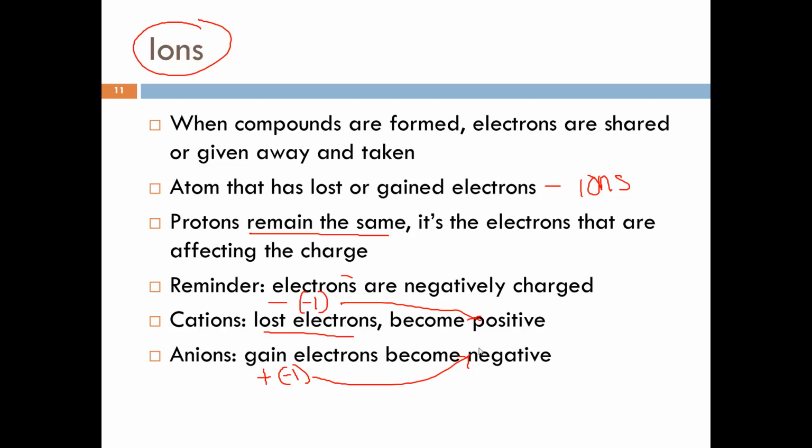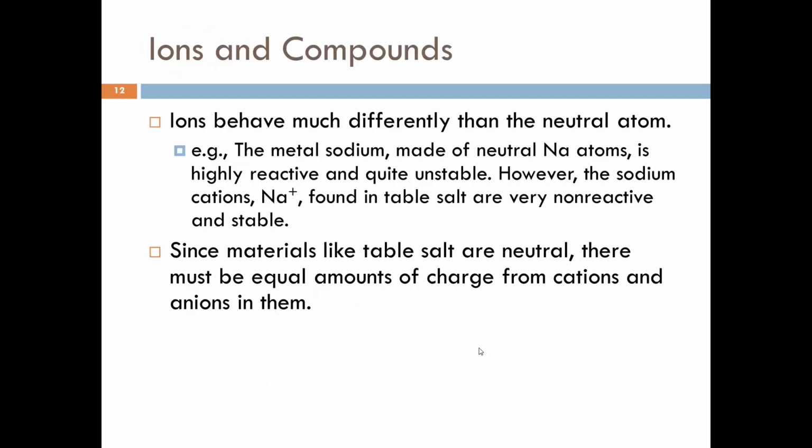Cations and anions. Ions behave much differently than a neutral atom. For example, the metal sodium, made of neutral sodium atoms, is highly reactive and quite unstable. However, the sodium cations, Na+, found in table salt, are very non-reactive and very stable.